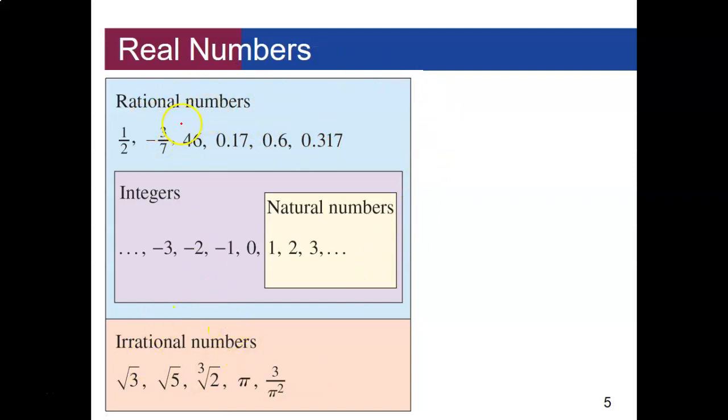Within the rational numbers, we have integers, and then within the integers, we have the natural numbers. So all of those are subsets of the real numbers. And for those of you that may remember, your complex numbers are going to include all of this and also your imaginary numbers as well.